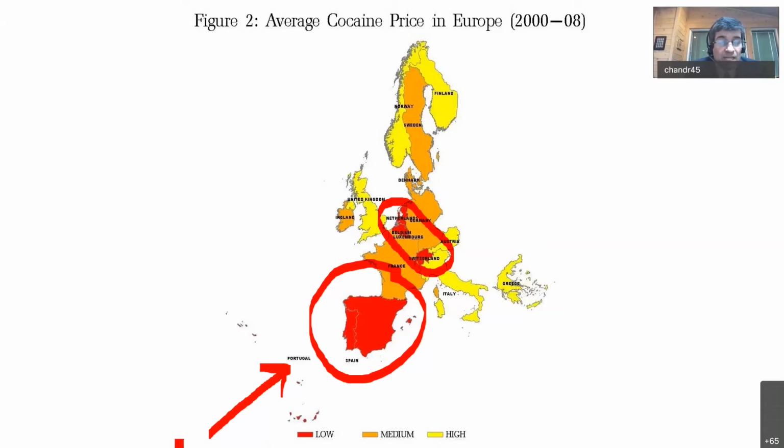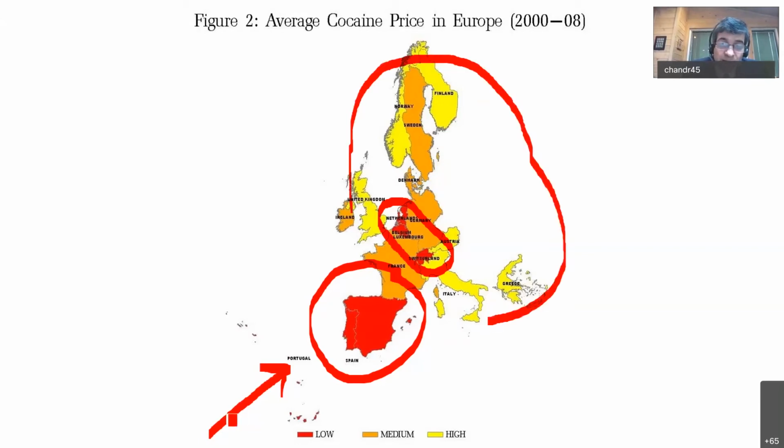So cocaine is coming across the Atlantic. A lot of it seems to be landing in Portugal and Spain. And then it seems to be going through the countries in the midsection of Europe before ending up in these regions that are, at least in relation to the location of South America, peripheral. They're on the outer, easternmost limits of Europe in relation to where the cocaine is coming from.